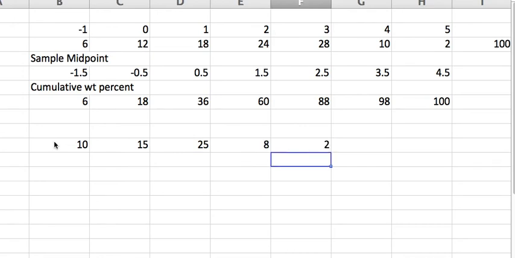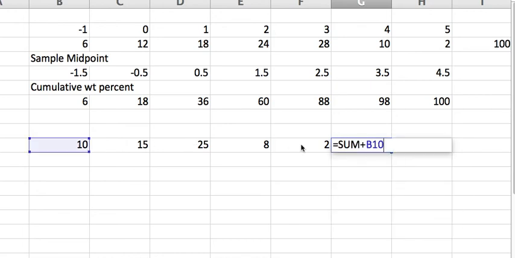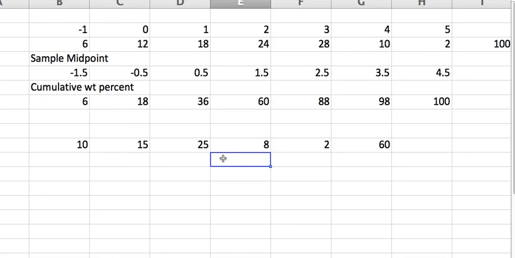How do we calculate the percent that each one of these makes of the sample? Well, if we add all of these up, we come up with a total of 60. So there's 60 grams in this sample.